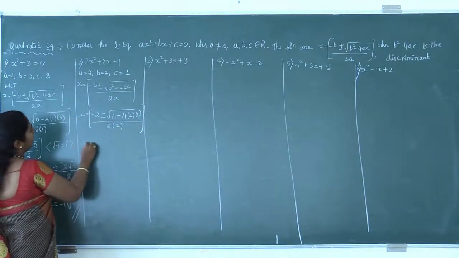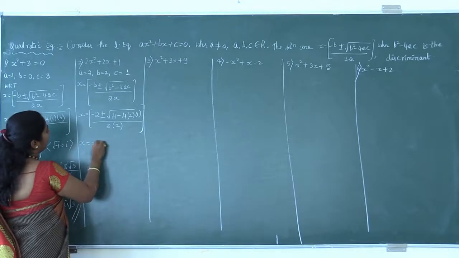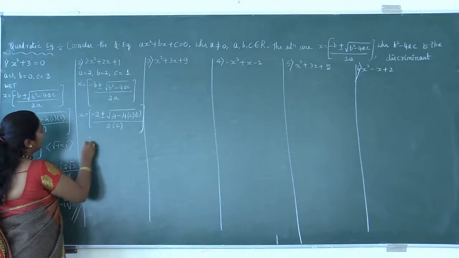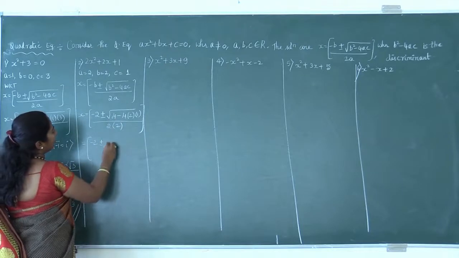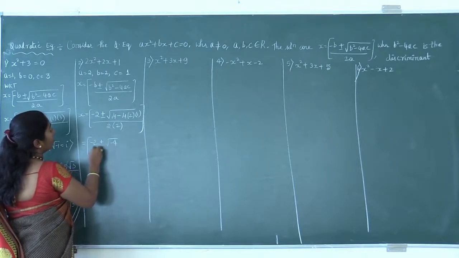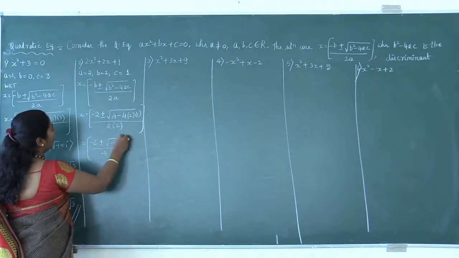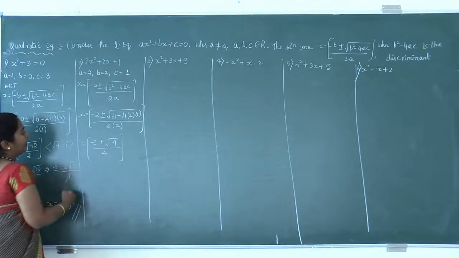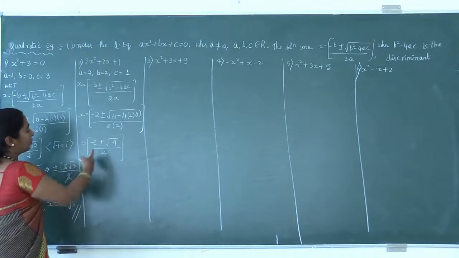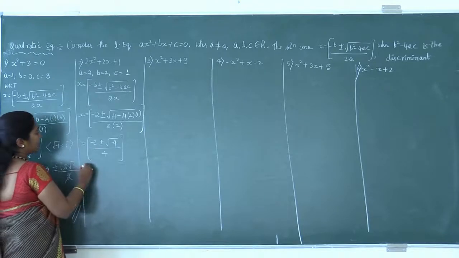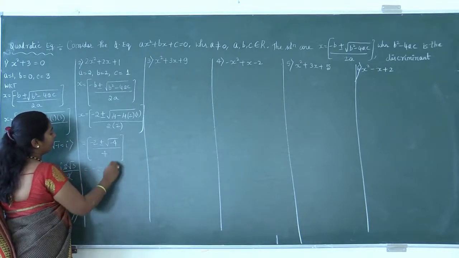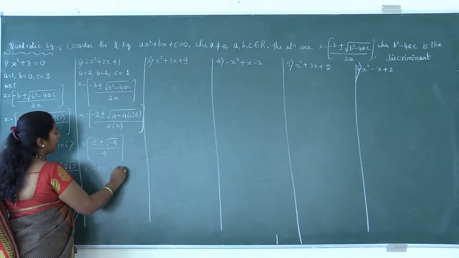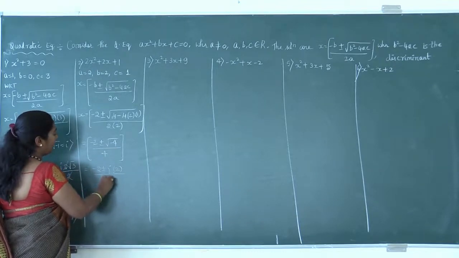Now x is equal to minus 2 plus or minus root of 4 minus 8, which is minus 4, divided by 4. Root of minus 1 can be written as i. So this will be minus 2 plus or minus i into what is root 4, that is nothing but 2, divided by 4.